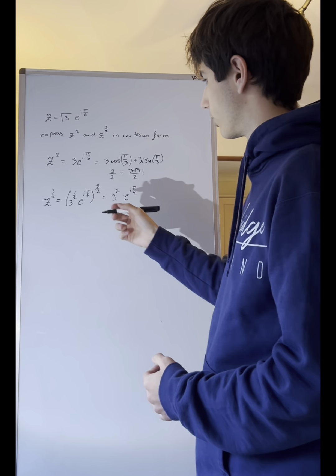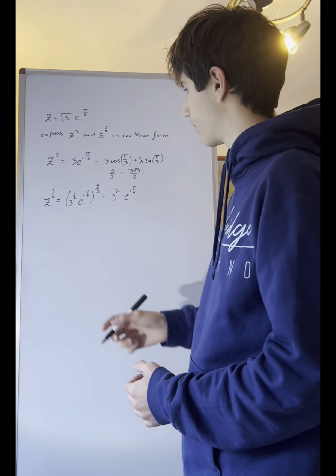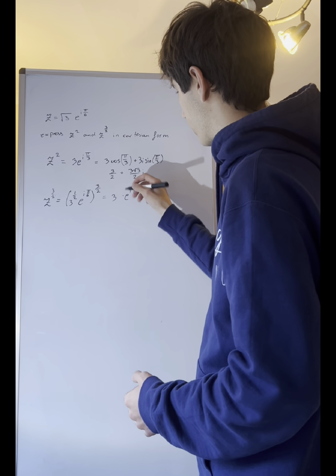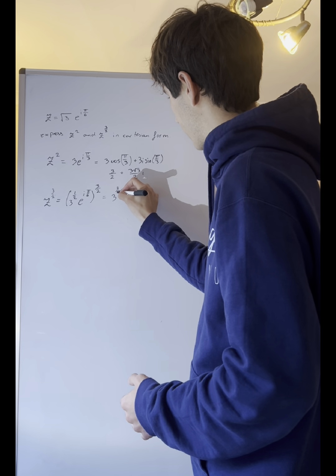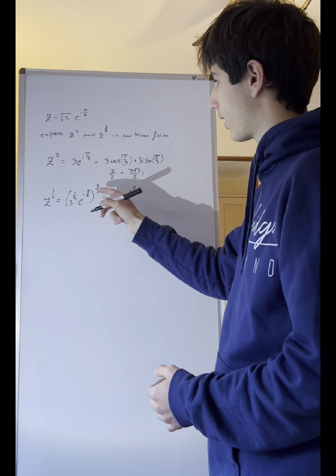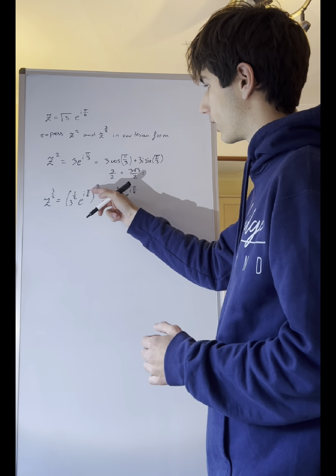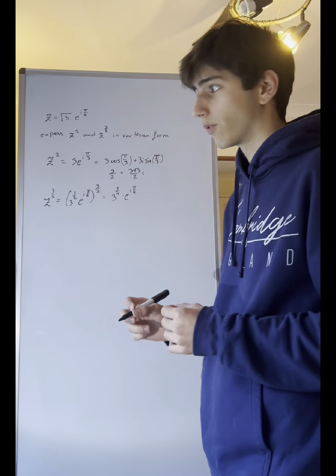Sorry, this should be a 3 over 4. So you multiply the 3/2 with 1/2, which gives you 3 over 4. You multiply the 3/2 with the pi over 6, which gives you pi over 4.